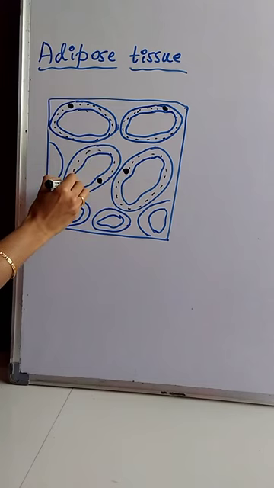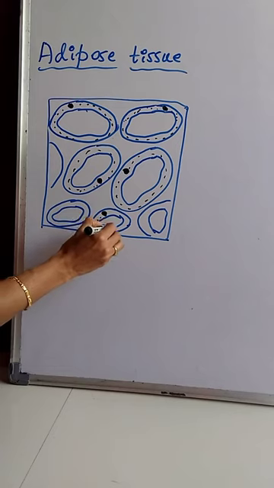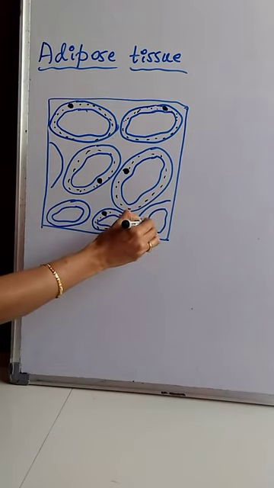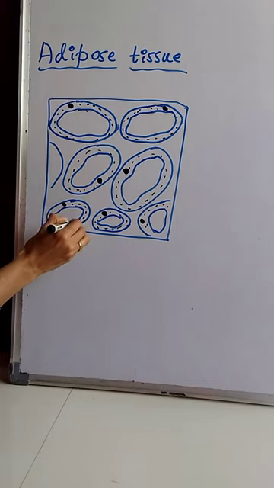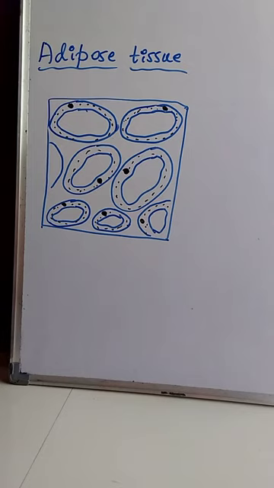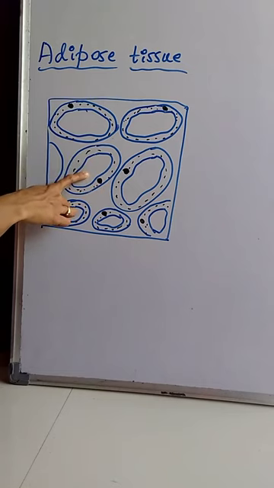Both are pushed to the periphery, means at the side. Fat cells or adipocytes are oval shaped cells, and at the center they have large fat droplets. Nucleus and cytoplasm are pushed to the periphery.